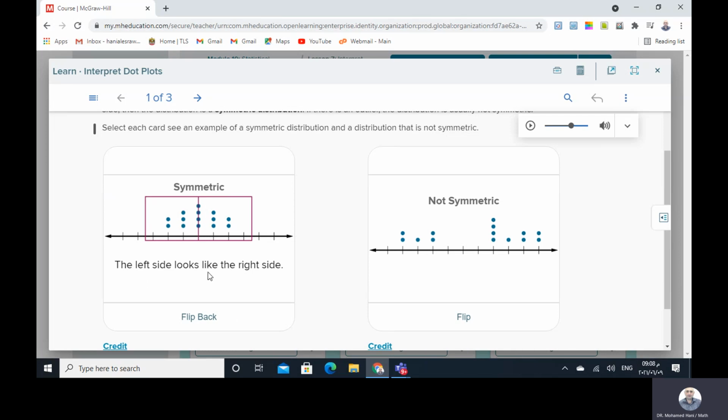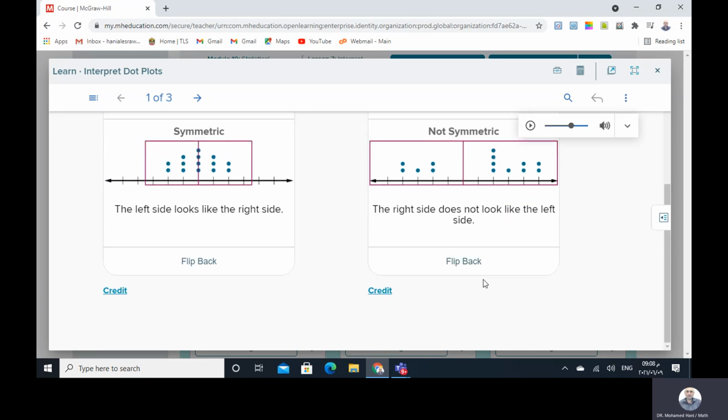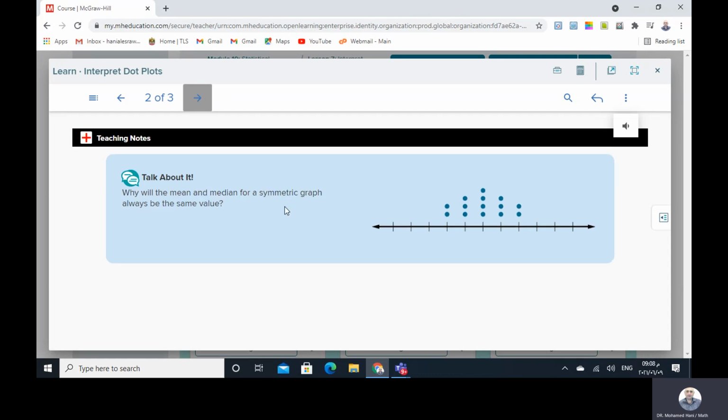So the left side looks like the right side. Not symmetric, the right side is different from the left side. As you see here the center, here the right side, here the left side. So the right side doesn't look like the left side. As you see here, symmetric. The right side equals the left side.